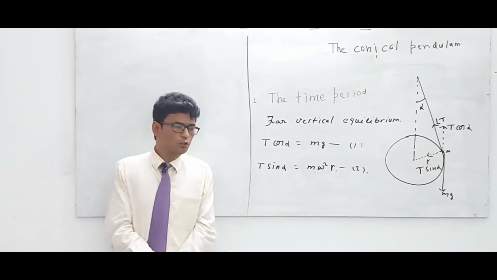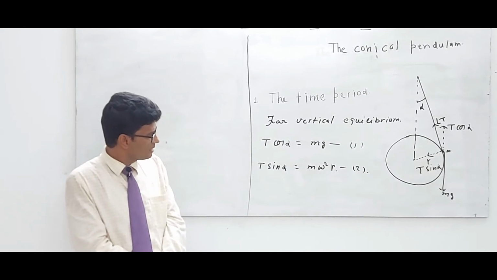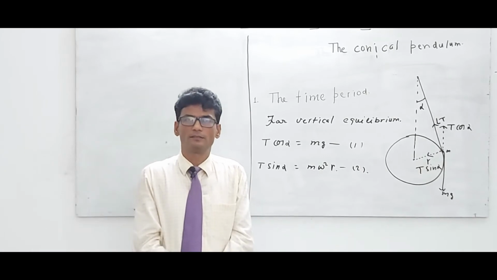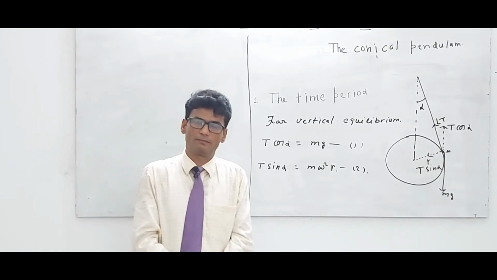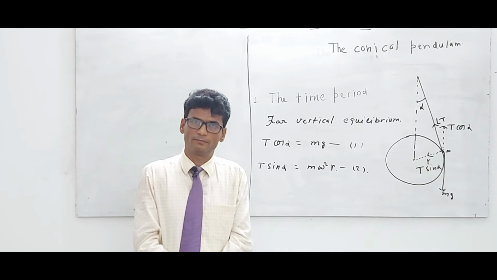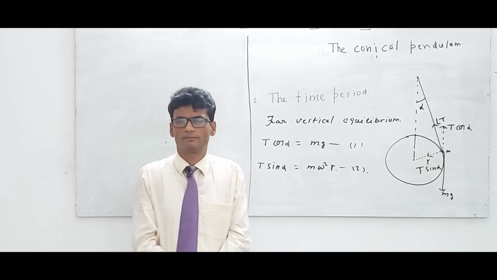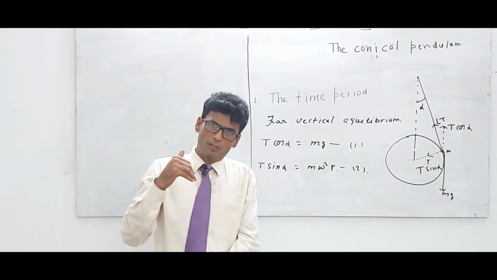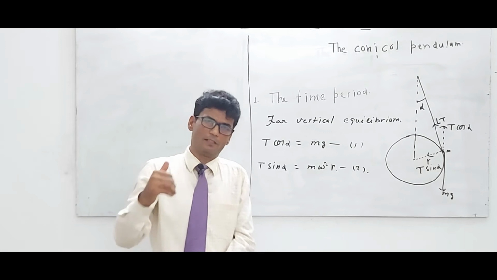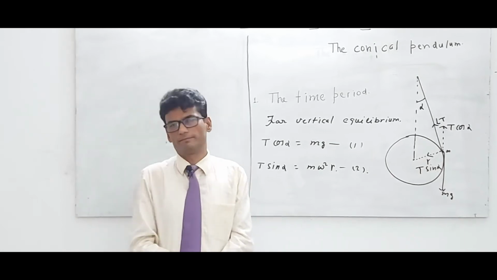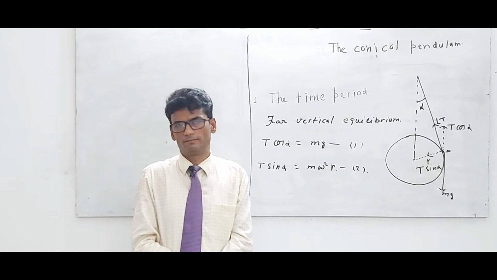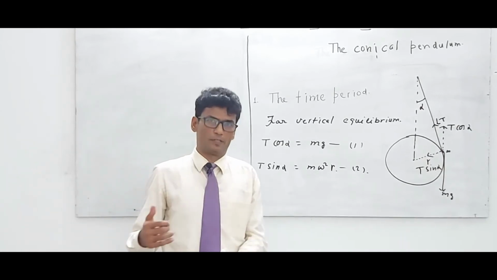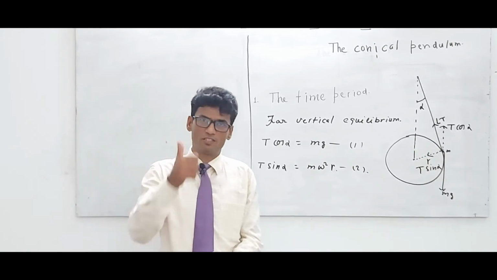Now I have taught you in the previous classes that angular speed and angular acceleration, these two parameters are related to the rotational motion, whether a point mass is rotated or the body is rotated about a certain axis.